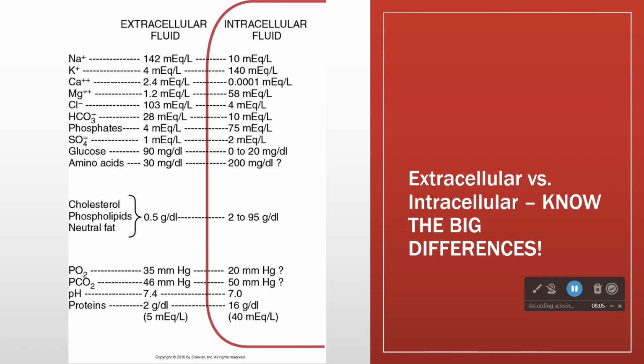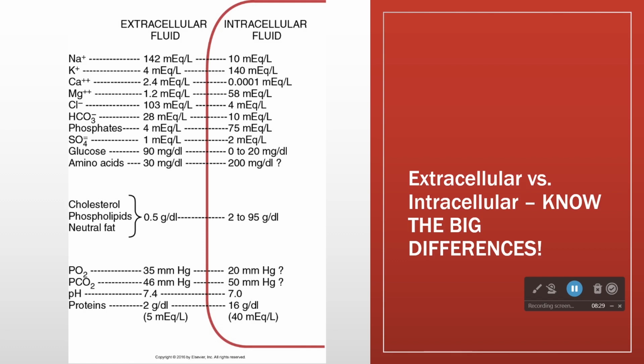Okay, cholesterol, phospholipids, and fats, mostly found inside of cells. The reason why is that those are all non-water soluble substances. There's no place for them to be outside of cells, right? Because we're mostly water.